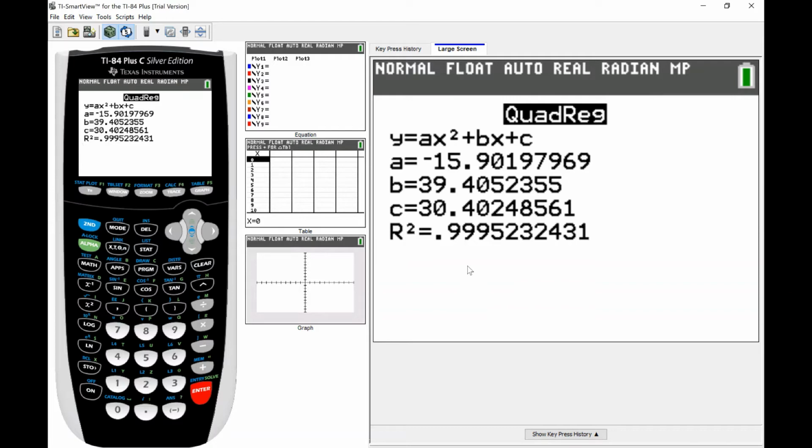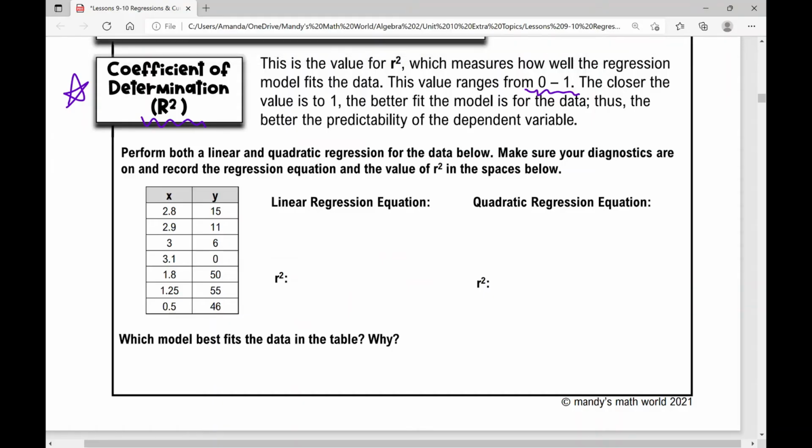Which one best fits this data set? The quadratic regression, it best fits the data set because the value for r squared right here is higher. It's closer to 1. It's a better fit. The linear regression equation we got was y is approximately negative 20.42x plus 70.91, and our r squared value was 0.8.